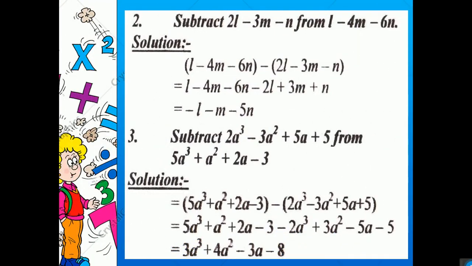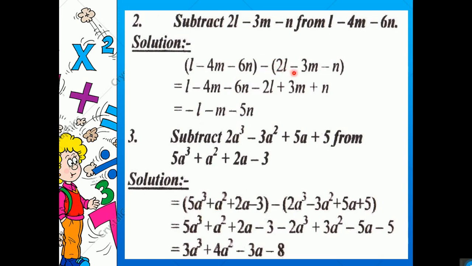Now question number 2. Question is subtract 2l minus 3m minus n from l minus 4m minus 6n. We have to subtract this algebraic expression from this algebraic expression. Means we will write this algebraic expression first and then put a minus sign, and then write this algebraic expression inside the bracket in this way.